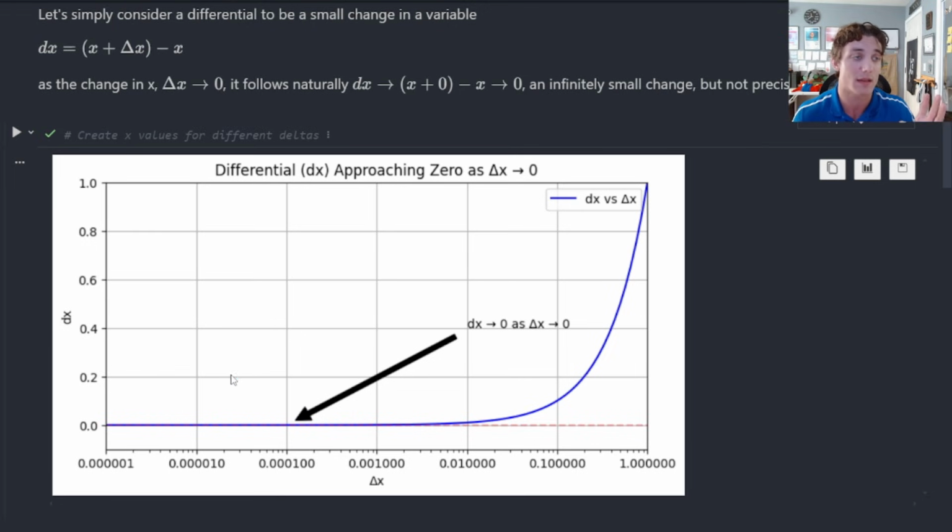But very critically, this dx term will never actually be 0. Delta x is approaching 0, and dx is also approaching 0, representing a very, very small change that will never precisely be 0.